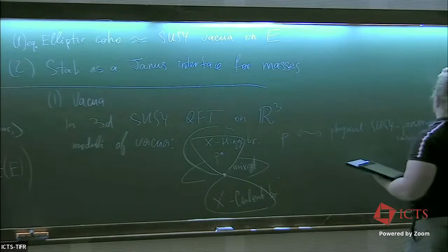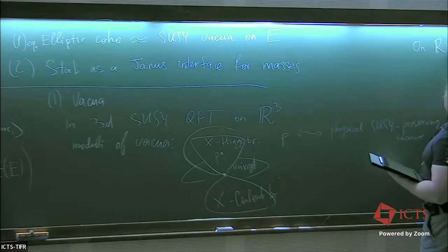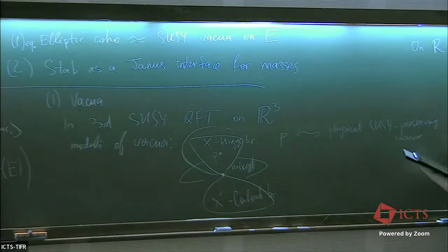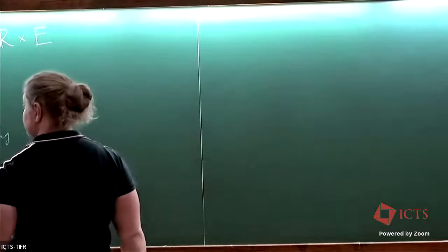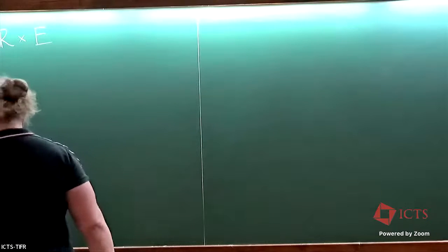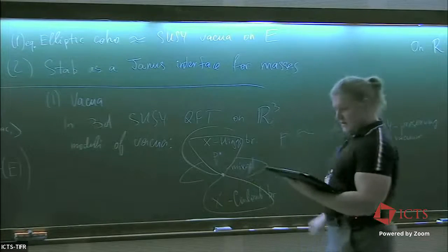Now, if I'm on, instead of R3, R cross the elliptic curve, which is what I'm doing today, then vacua are not really points on the Higgs branch anymore.